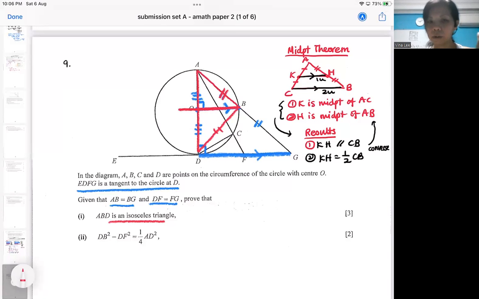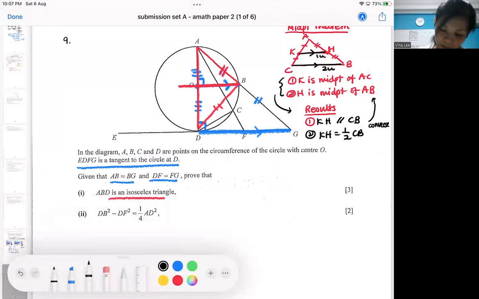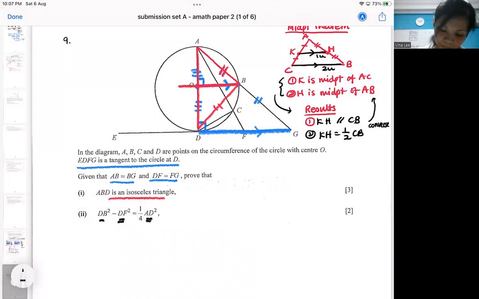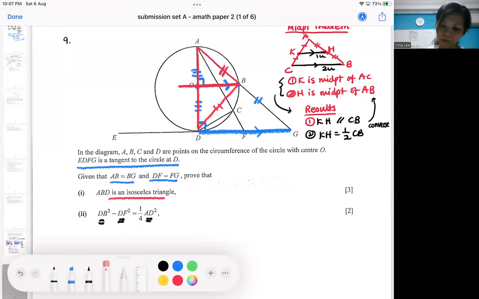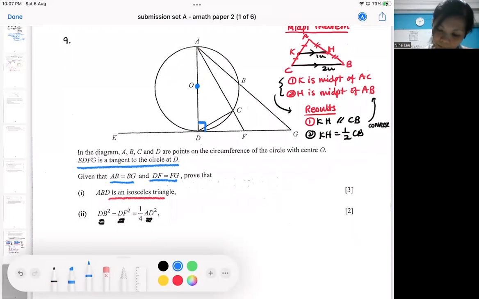And then the next one is actually a Pythagoras. Why would I think of a Pythagoras? Because of the way it is being formatted. You look at the AD square, the DF square. So I try to find a triangle that can have an AD square. I look around, because just now we also got a 90 degree here.